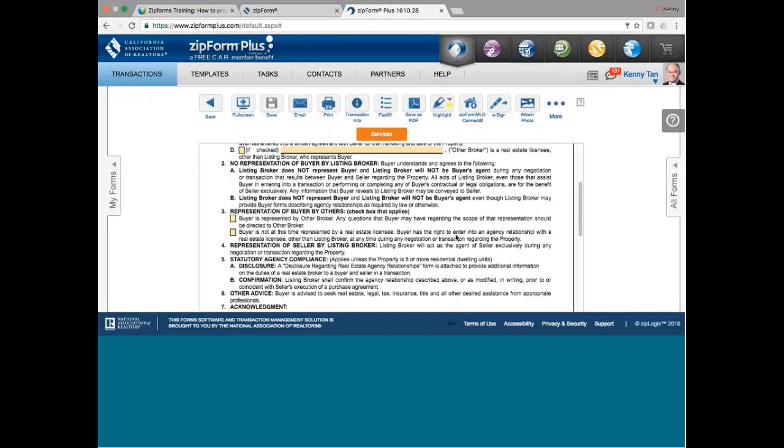Now, this form was not available many years ago, such that many listing brokers, because they wanted to earn the full commission, wound up representing the buyer as their agent and wound up being a dual agent. Just know that you don't have to be a dual agent to earn the full commission. If you don't have to, you don't have to. You're not required to represent any buyers you don't want to represent.